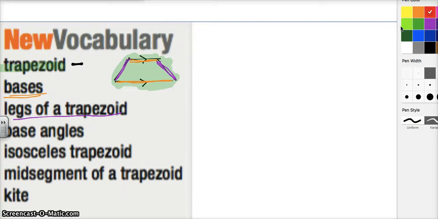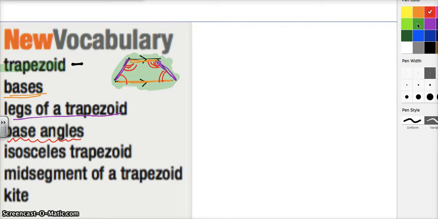A trapezoid actually has four base angles, two pairs of base angles. These two are base angles and they're not necessarily equal. And these guys are base angles too over here, and since they're not necessarily equivalent, I need to mark them differently.